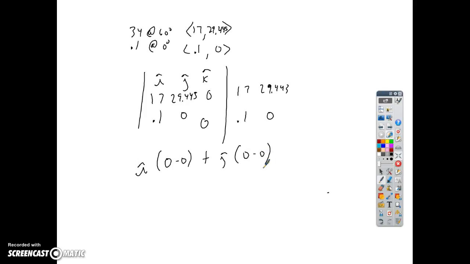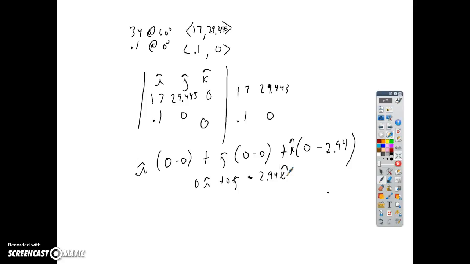No J hat. Plus K hat, this times this minus 2.94 K hat. I get 0 I hat, plus 0 J hat, minus 2.94 K hat.